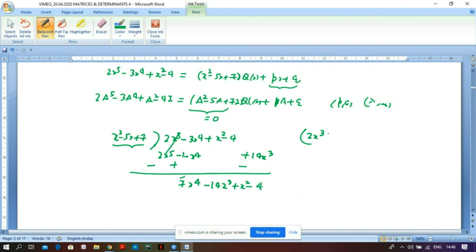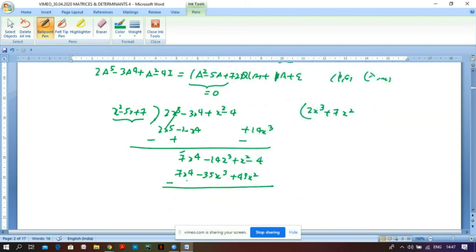Now 7 has come up, so I can write here plus 7x squared. So 7x^4 minus 35x cubed and plus 49x squared. And then again we can change the sign, negative, positive, negative, the way we do in the division algorithm. And so we are getting here 21x cubed minus 48x squared and plus 4.